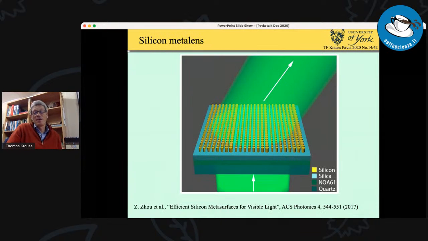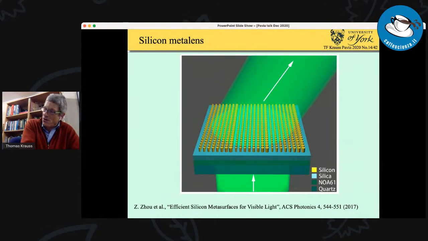Okay, so then in comes our work. So we then started calling this thing meta lens as well. And we didn't want to use titanium dioxide because we didn't have the manufacturing capability for titanium dioxide, and we also like silicon.